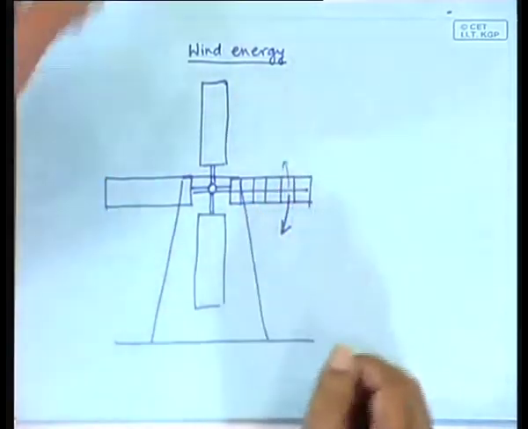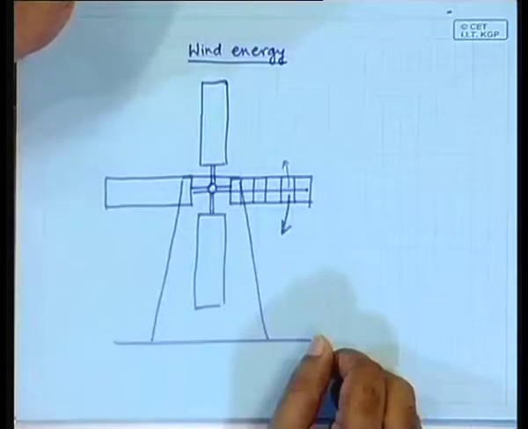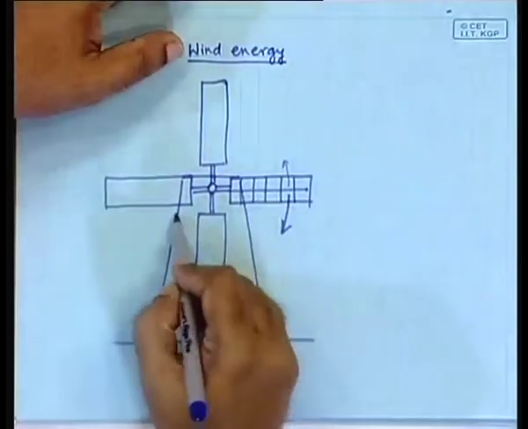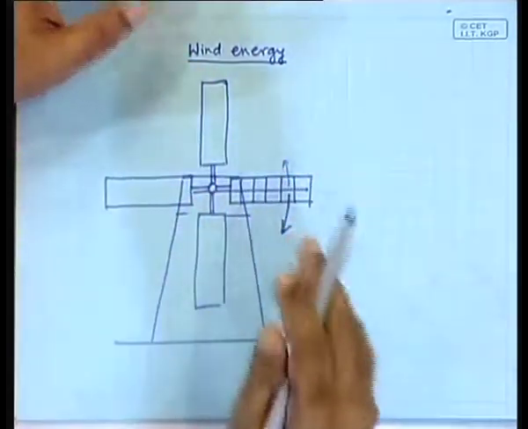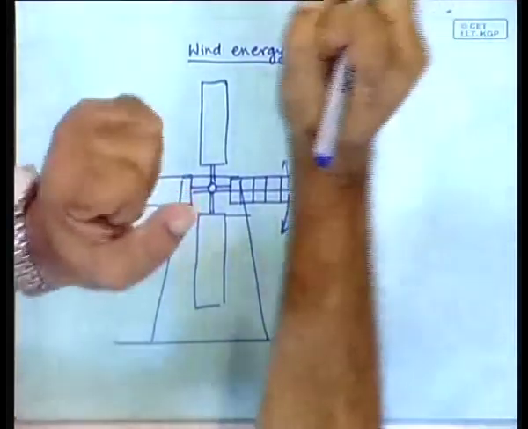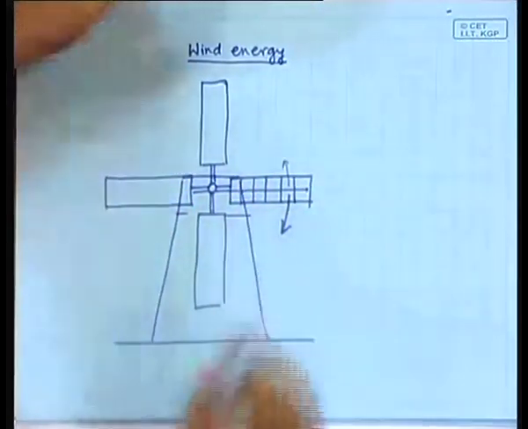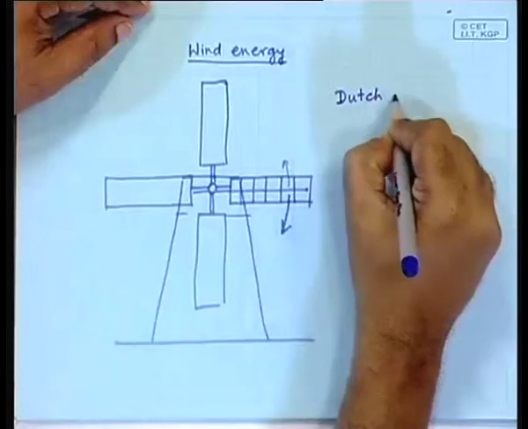So, it has to be oriented, and this orientation used to be done by means of a manual device. That means the whole top portion would be turnable like a big turntable, and one has to physically move it to orient it to the direction of the wind. So, this was essentially the structure of the old windmills, which are known as Dutch windmills, because the Dutch had developed this.